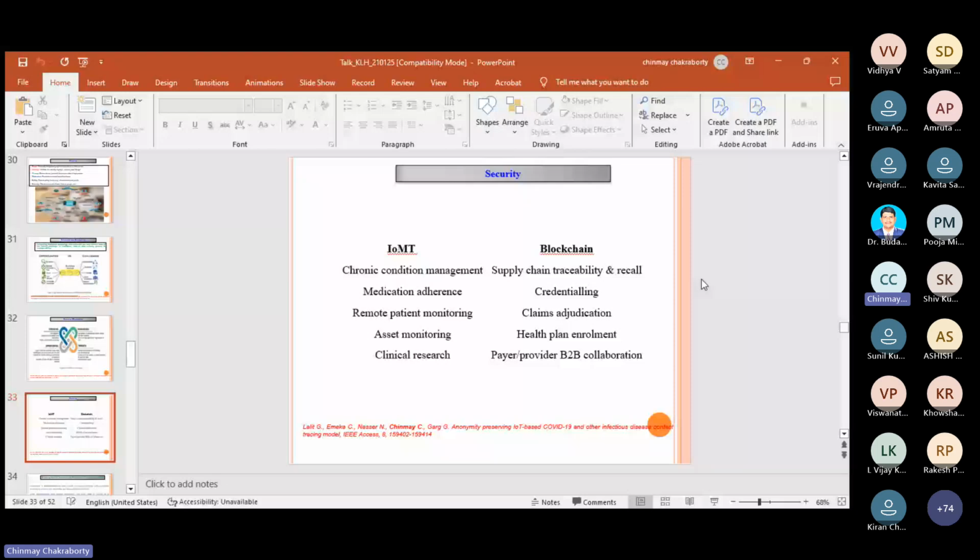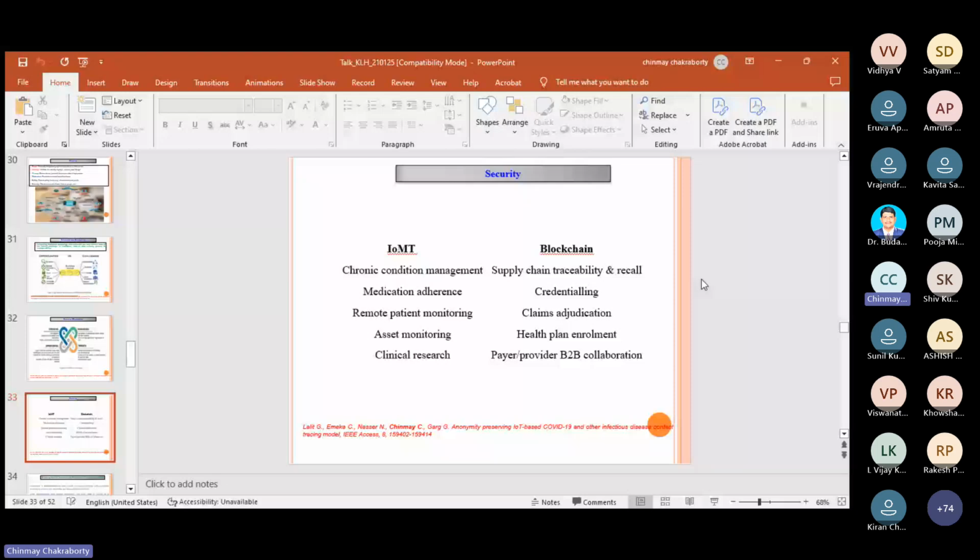But blockchain mainly looks at health plan enrollment, health plan claims, transactions, credentialing, and traceability and recall. These are the parameters, right? And the last portion is IoT mainly used for clinical research and blockchain mainly for payer and provider B2B collaboration. So you can easily differentiate and observe how IoT and blockchain work under telehealth systems.